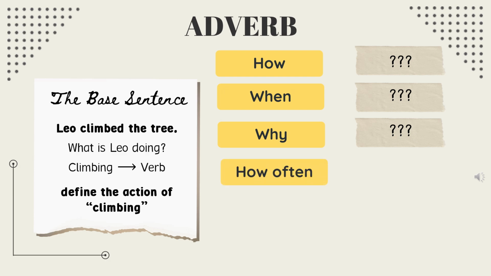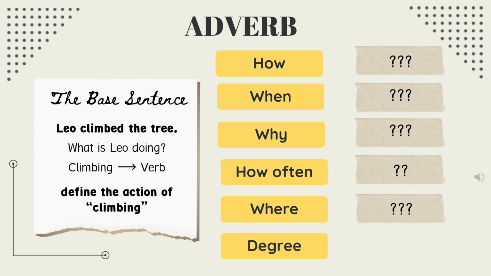How often does he do this? Think of frequency. Where exactly did he climb? Think of direction or position. To what degree did he climb? Think of completeness. Can you think of one word for each question that would give us more detail about Leo's climb? For example, quickly, yesterday, curiously, often, up, almost. What words come to your mind?